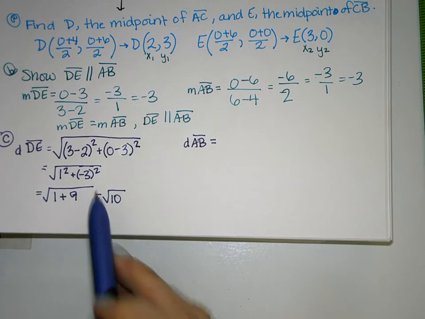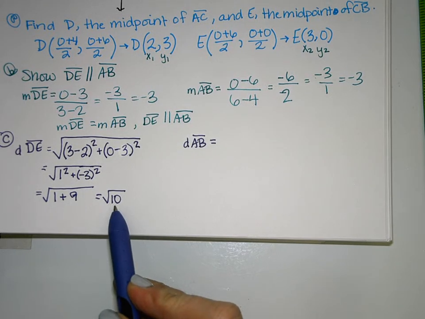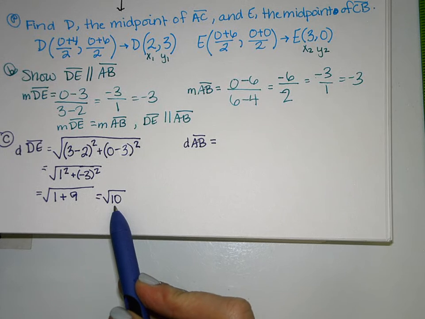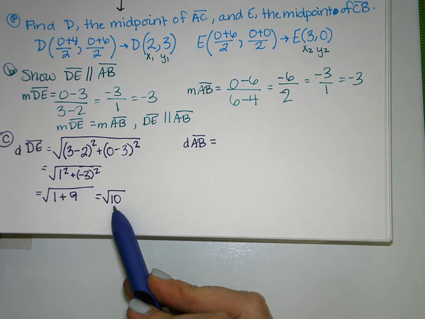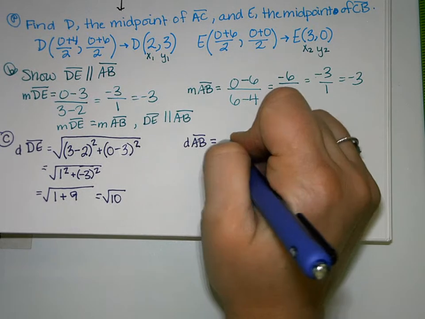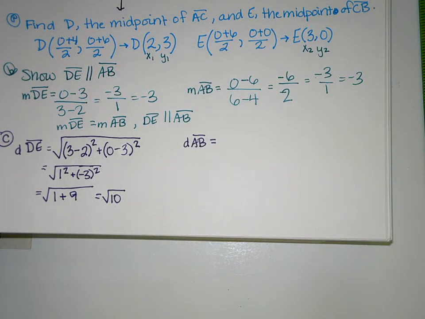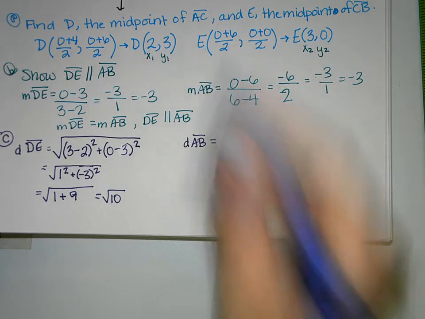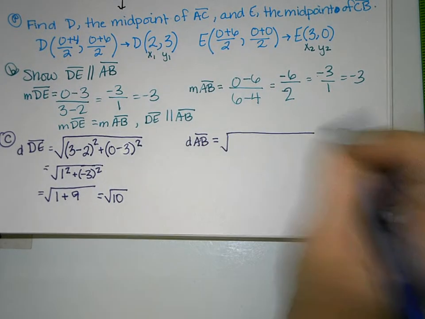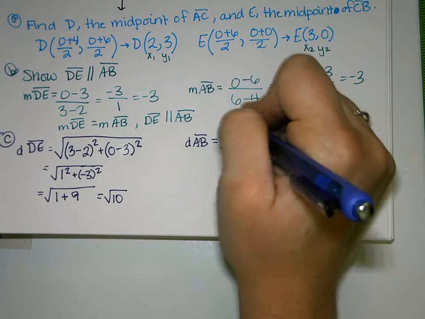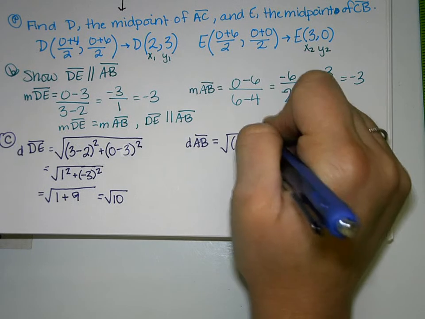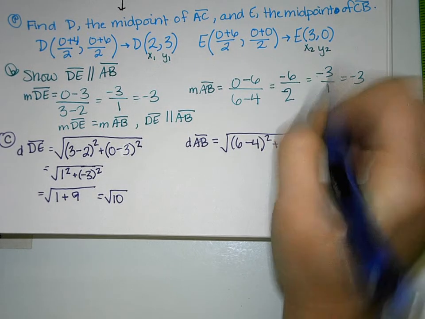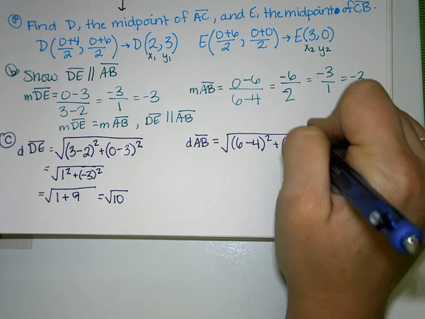Now if I know that DE is root 10, what should AB be? Not root 10. Remember, it has to be twice as big. 2 root 10. Because it should be multiplied by 2 or twice as big. So when we go through this, we can think about, okay, I know I have to be 2 times as big as this. So if we go and do the numbers, so again, my x2 was 6, my x1 was 4, my y2 was 0, and my y1 was 6.